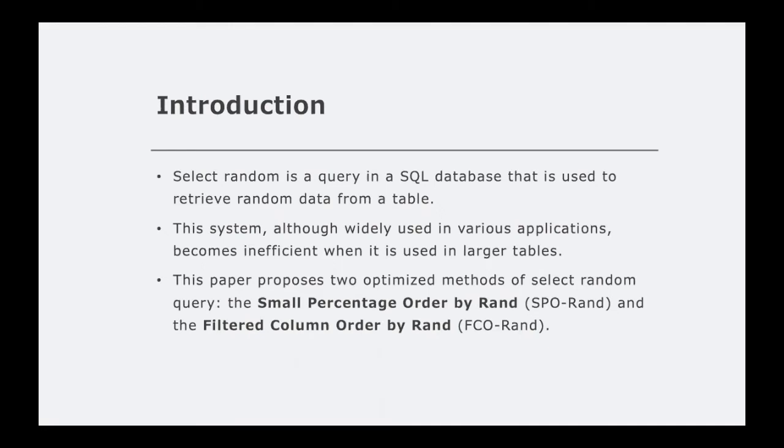So the main purpose of this study is to propose two new methods that are optimized for randomly selecting data, namely the small percentage ORDER BY RAND, or SPO-RAND, and the filtered column ORDER BY RAND, or FCO-RAND.